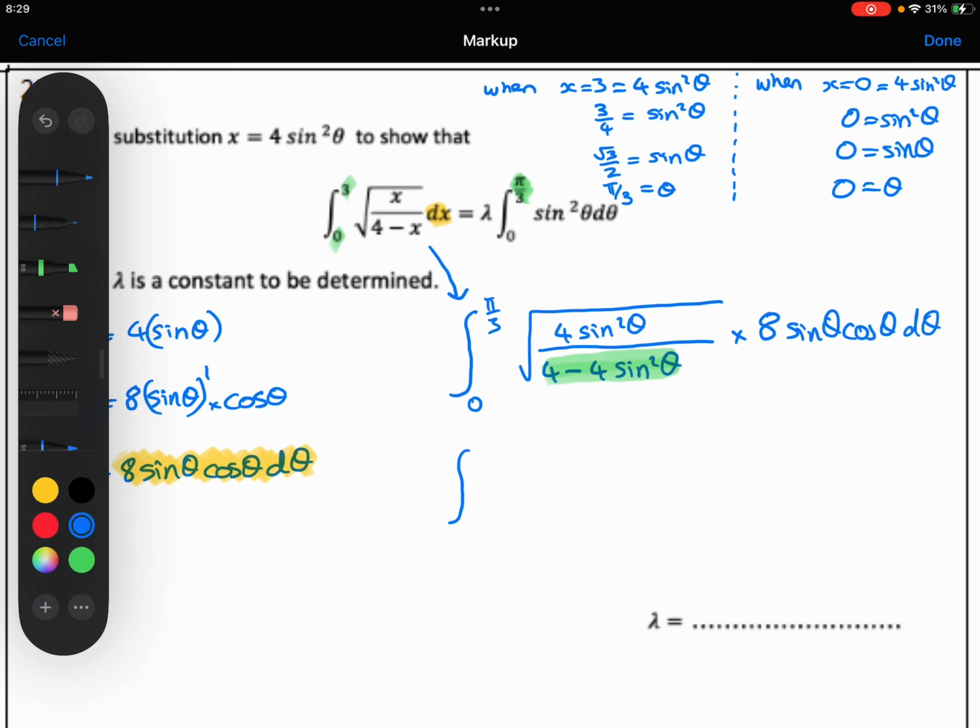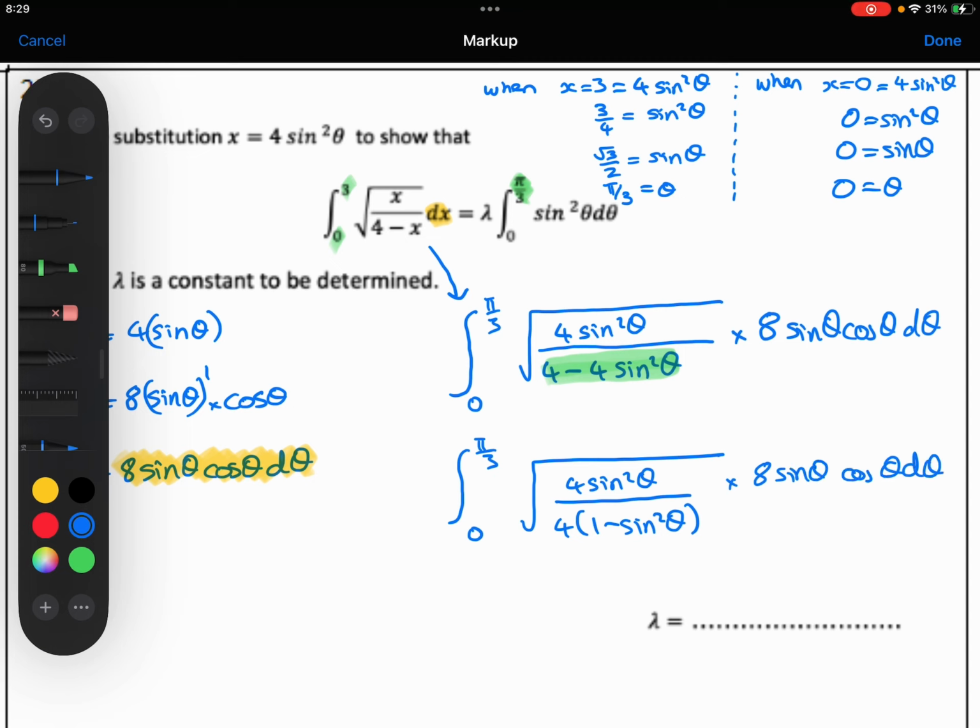Now, I can rewrite that. So, if I were to factorise the 4 out, I would have that. And this 1 minus sine squared here is the same thing as cos squared.